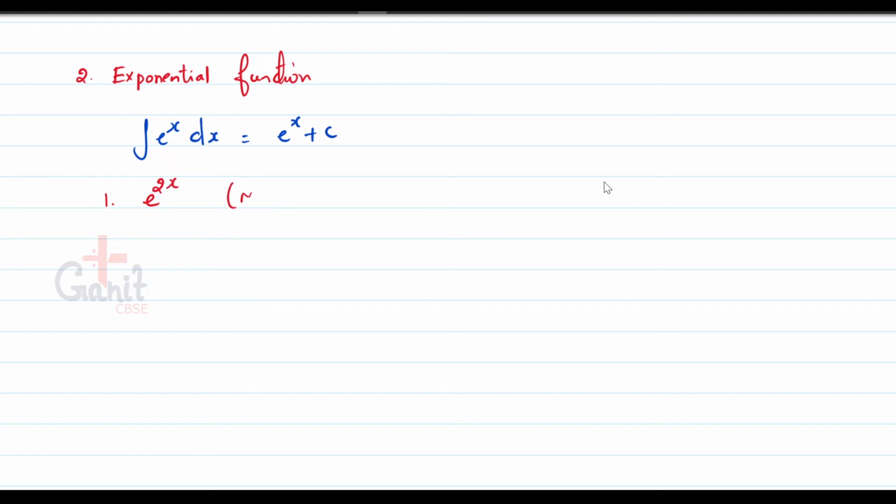First problem, e to the power 2x. Method of inspection: to get e to the power 2x, what should be the function to differentiate? We know that this is a chain rule. If I differentiate e to the power x, I will get e to the power x.